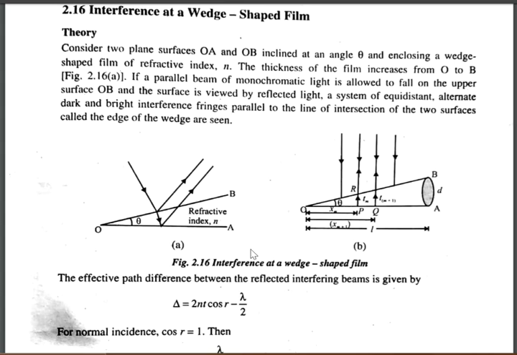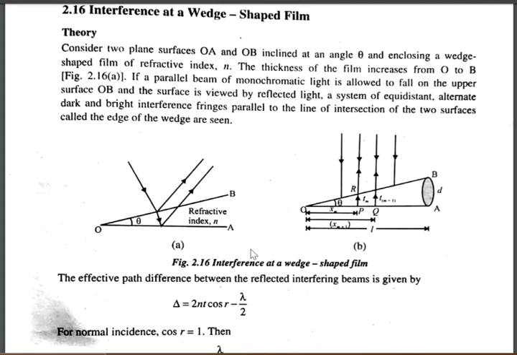First look at diagram A. OA and OB are two inclined glass plates. Theta is the angle of inclination between the two. At one end, that is point O, the two glass plates are in contact with each other, and at the other end, the separation between them is maximum.